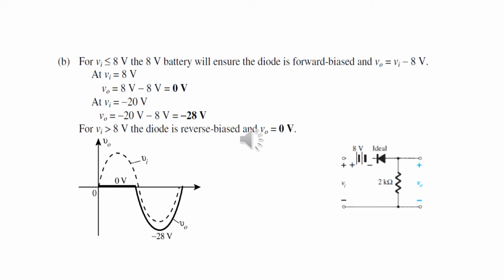So put the values in the equation. If we put minus 20, which is the negative peak, we get minus 28. If we put 8 volts, that will be 0. So that means the 8 volts will be shifted to 0 and minus 20 will be shifted to minus 28, as over here in the figure. So you can see the conduction period is increased in the case of an already forward biased diode.